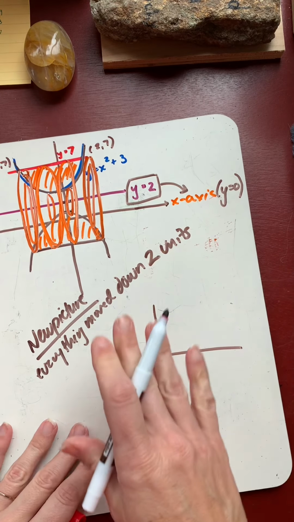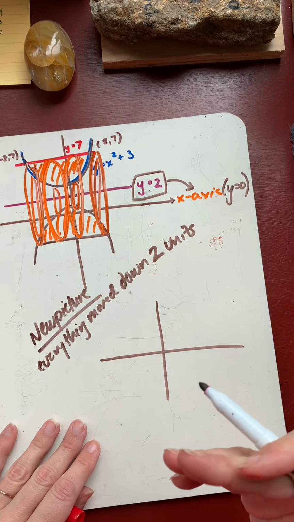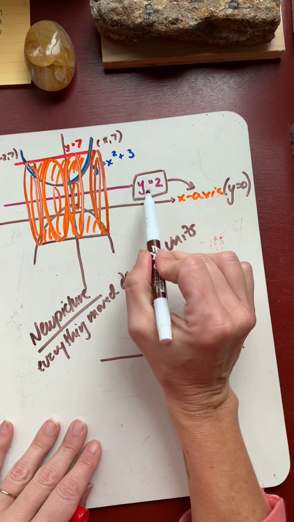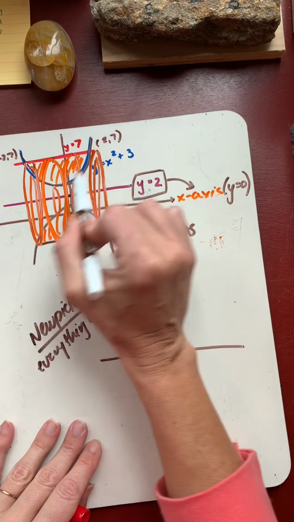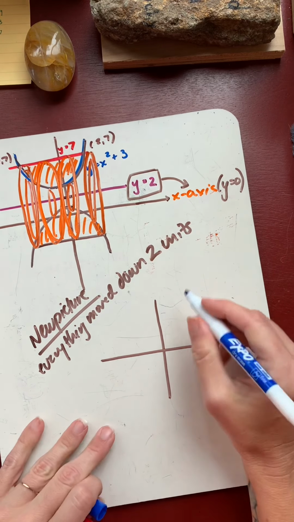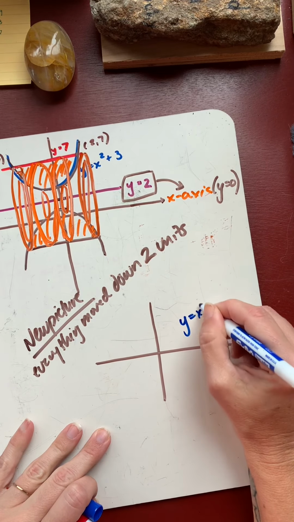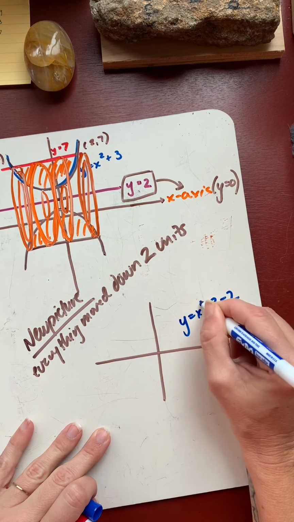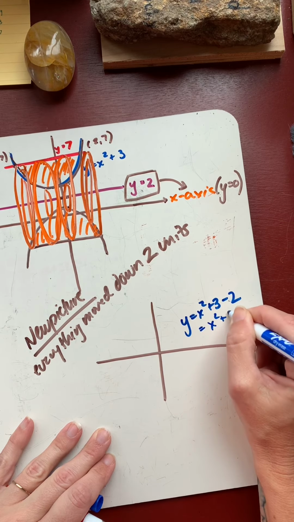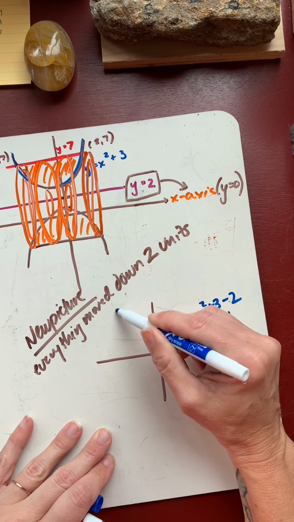This seems like more work than is necessary, but it actually goes pretty quickly. So if I were going to redraw the picture, here are my 2 curves, y equals x squared plus 3. Well, my new curve is going to be y equals x squared plus 3 minus 2. So basically, y equals x squared plus 1. So my new parabola is going to be down here.